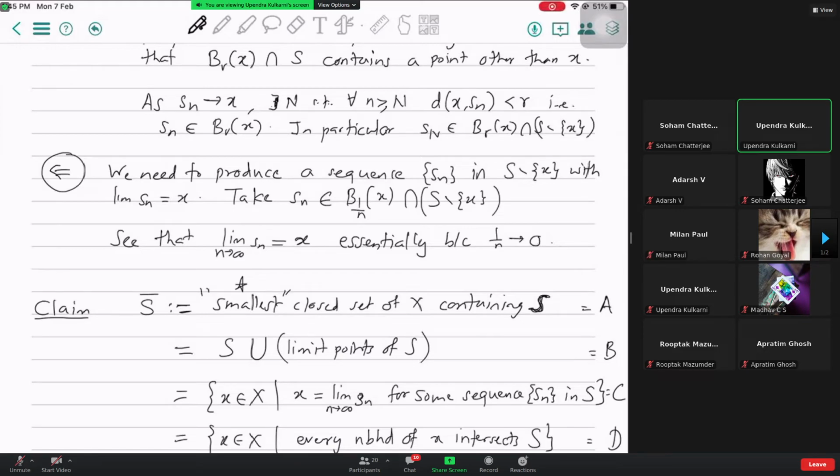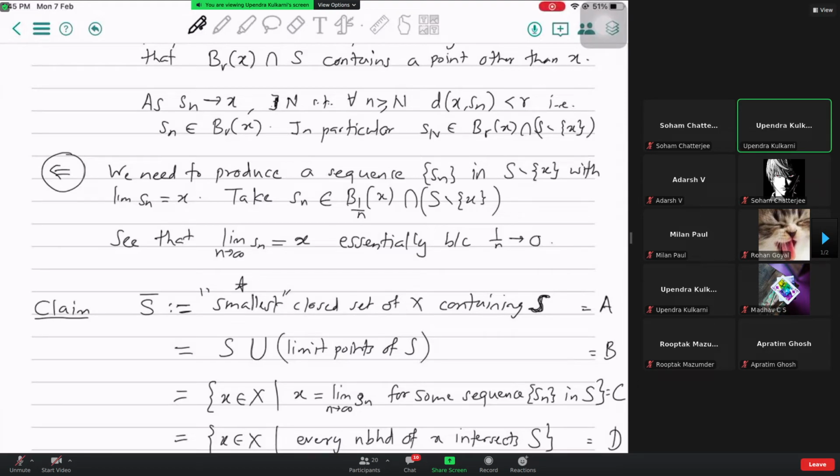B subset of C. Yeah, absolutely. Because to show that S is contained in C, I can just take the constant sequence. And for all the limit points, I'm already given such a sequence on a platter, in fact with a stronger condition that none of the terms is X itself. So B is a subset of C is very easy.